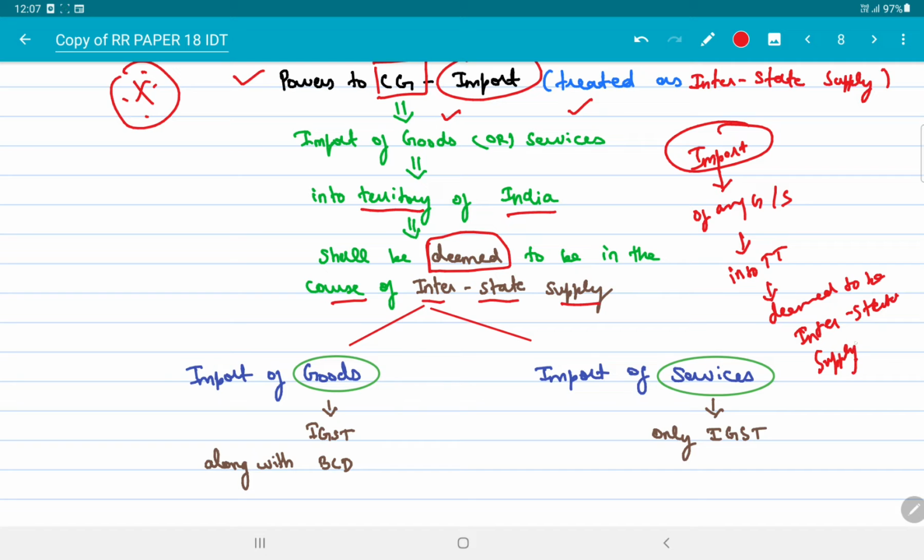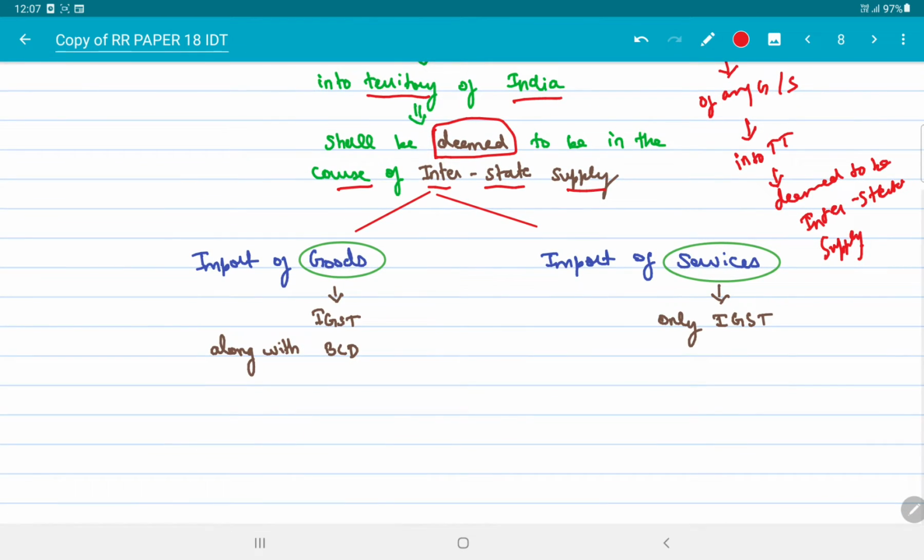Now, if it is an import of goods, IGST plus BCD will be levied. But if it is only an import of services, IGST will be levied.